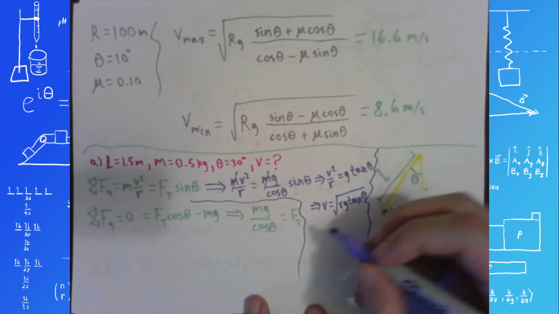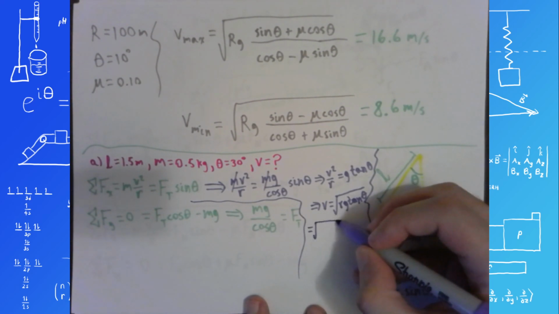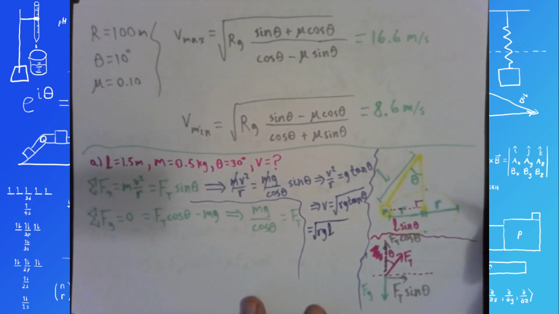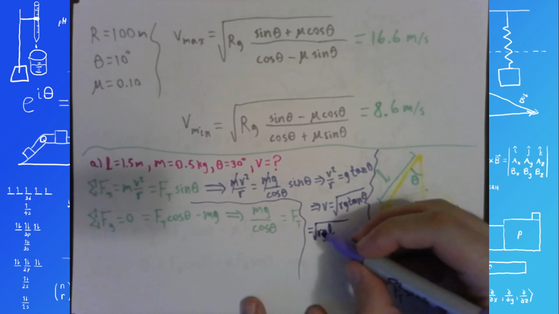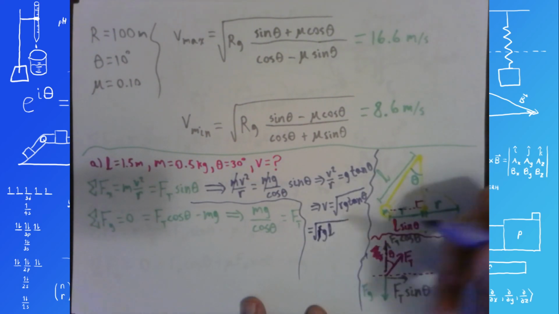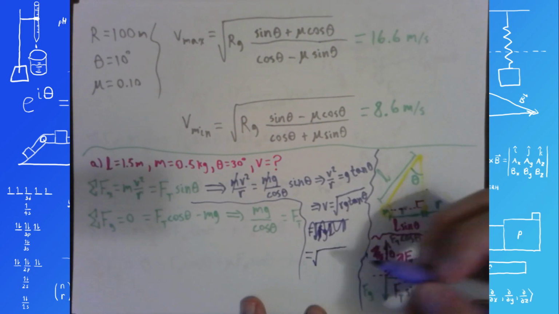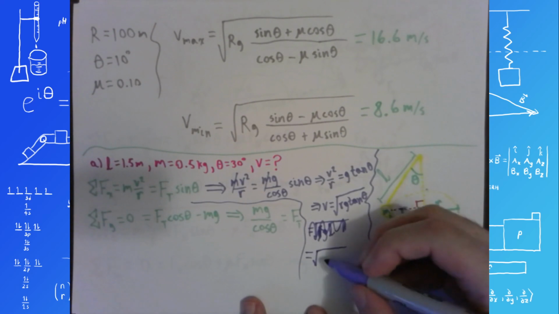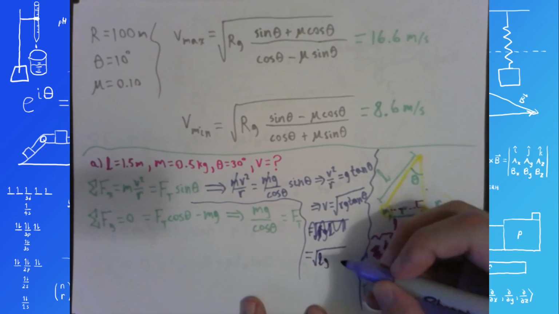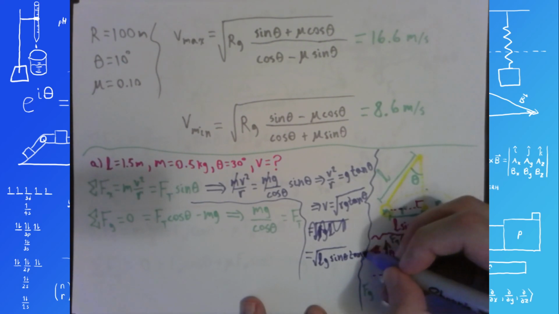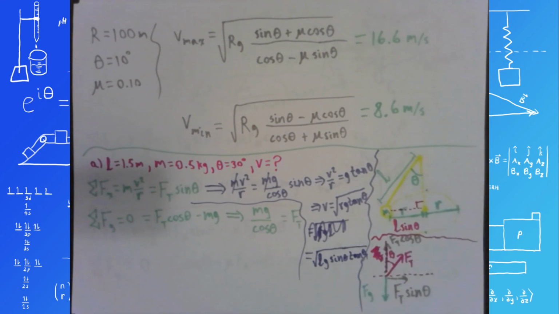Let me erase that and try again. v equals the square root of, with r becoming L sine theta, Lg sine theta tan theta. Okay, and now plug in the numbers.